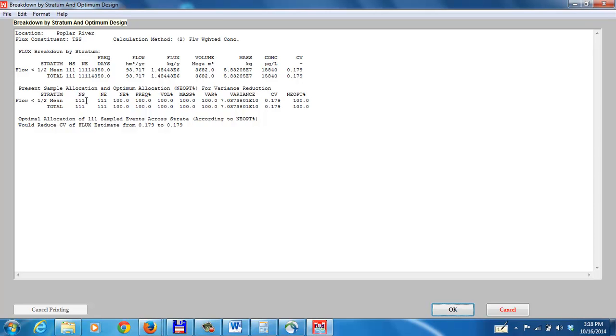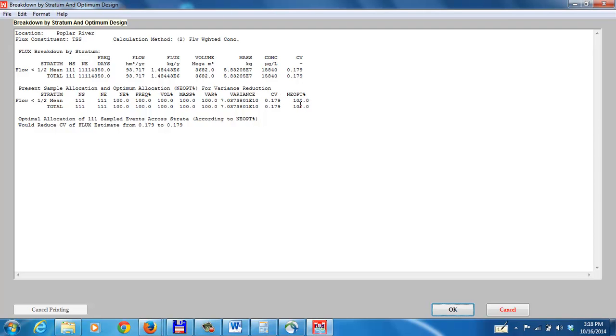It's all 111 are in the single strata. NE is the number that's also in the strata, but the NE % is the % of the total number that are in that strata. What's important here is you get the coefficient of variation, and then the optimum arrangement of the sampling is given here.